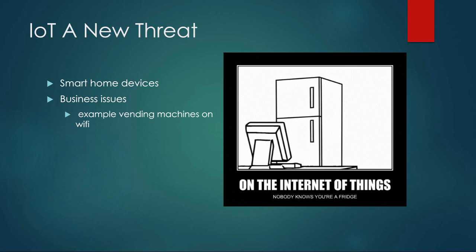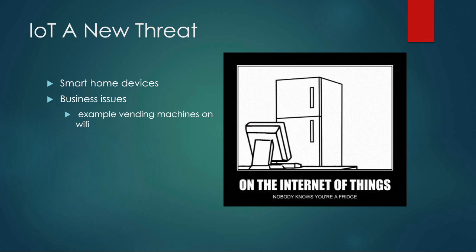Now, it's not like the vending machine is going to get up and start shooting soda at people, but it is still connected to your network. So if you have, for example, a vending machine connected to the internet and people put malware on there, or they put something on there that makes it look like a free hotspot, you could still have people connect. It could be used as a way to exfiltrate data, and it's something that a lot of people aren't necessarily going to think of as a threat.